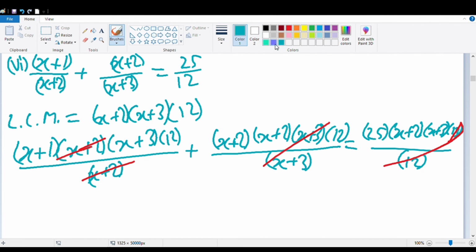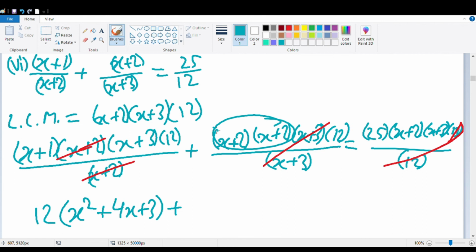So we're left with x plus 1 into x plus 3 is x squared plus 4x plus 3, and it's still being multiplied by 12, plus x plus 2 whole squared here.